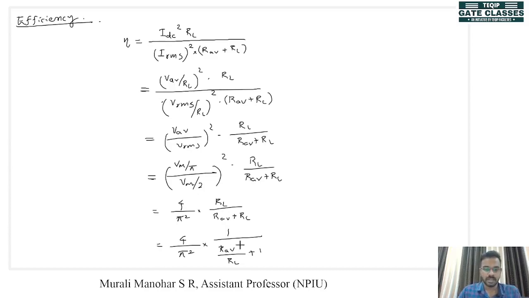We know that RAV, that is the resistance of the diode, is very small compared to RL in most of the cases. So RAV divided by RL can be approximated to 0, right? It is a very small value compared to 1. So 1 plus RAV by RL becomes 1 when RAV is very much less than RL.